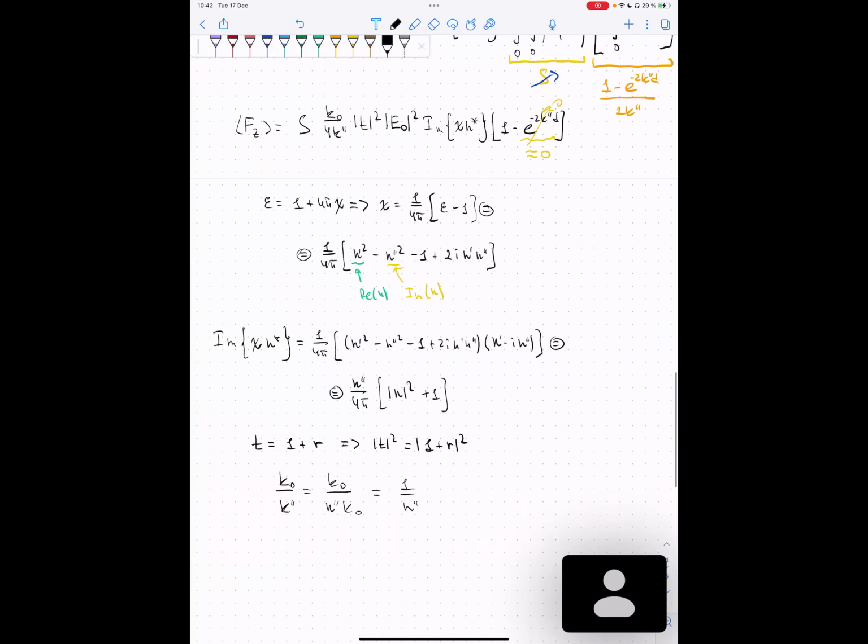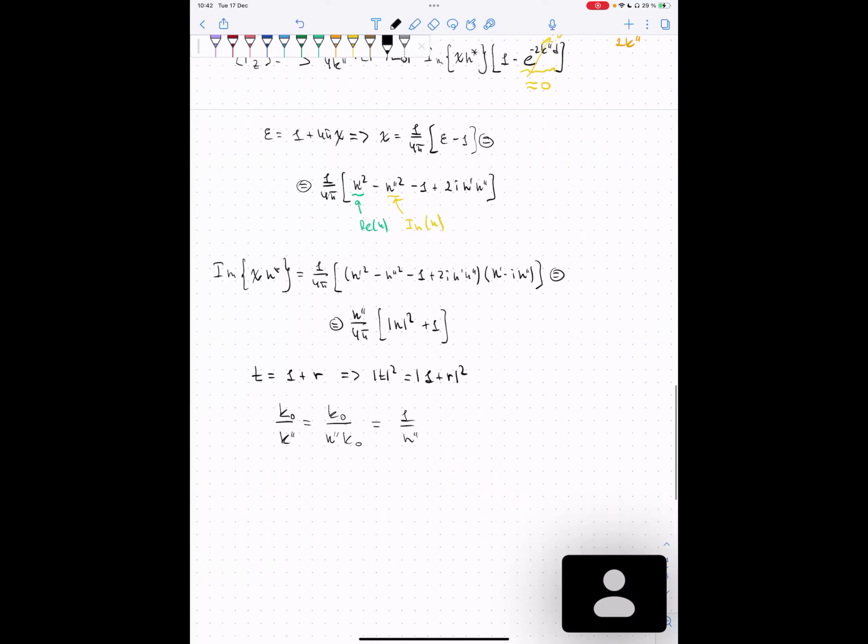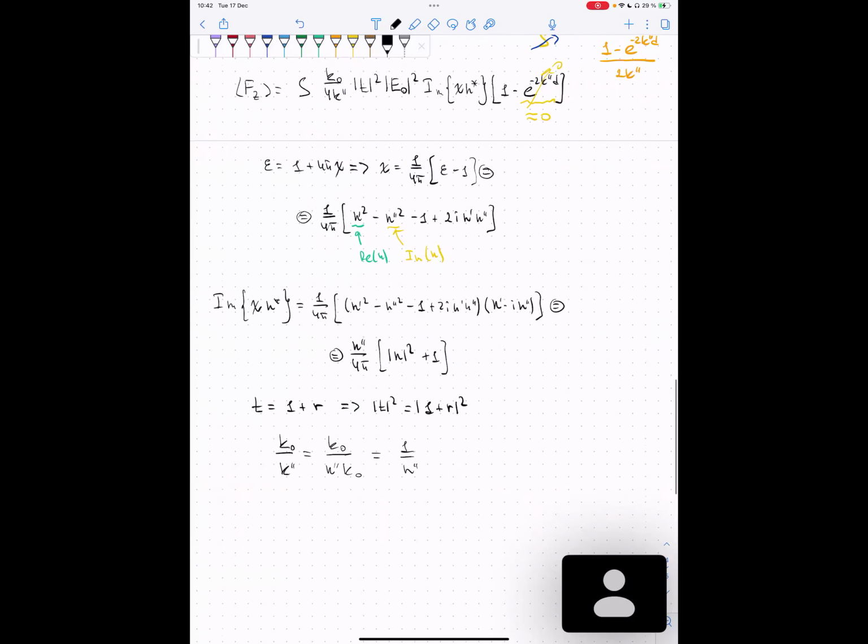And in the end, our pressure equals F z average divided by the area of the cylinder. So the area cancels out.